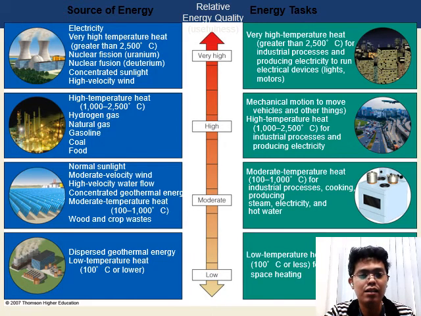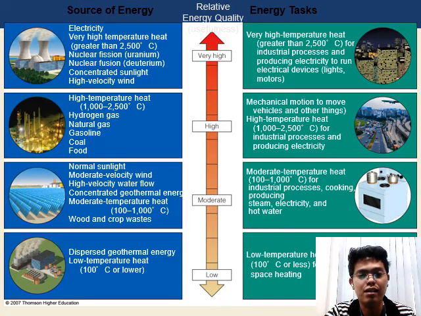Then we also have high temperature heat at 1000 to 2500 degrees Celsius. Hydrogen gas, natural gas, gasoline, coal, and food are high quality energy. So it is used for mechanical motion to move vehicles, for industrial processes, and producing electricity as well.